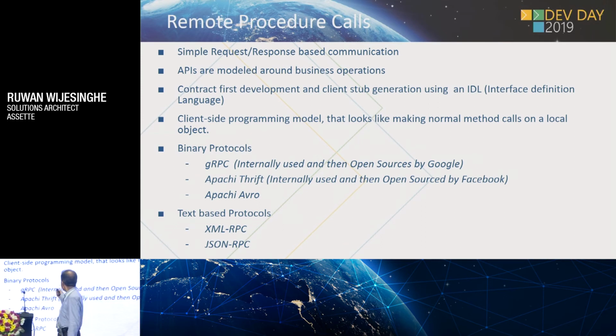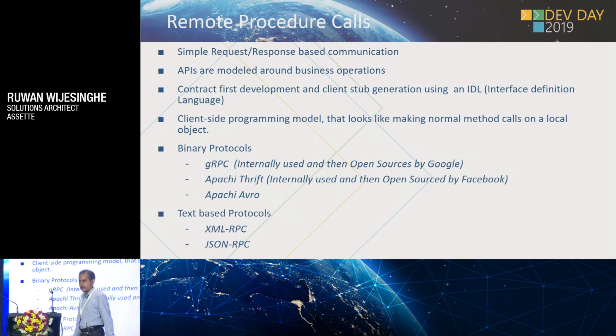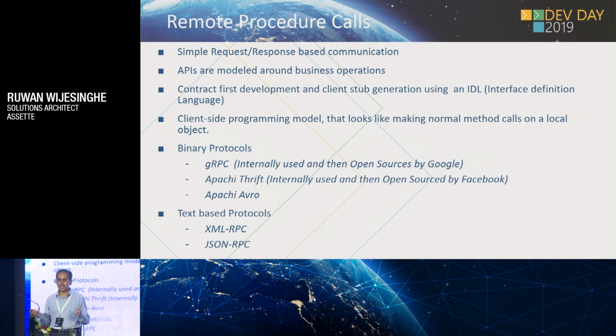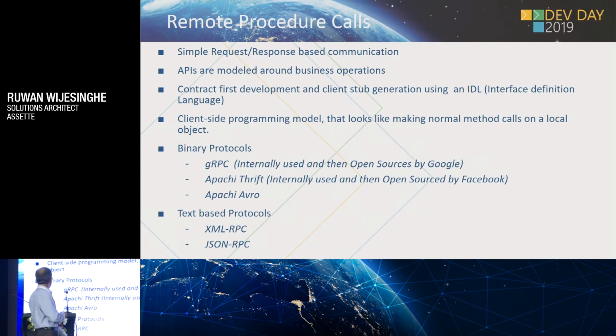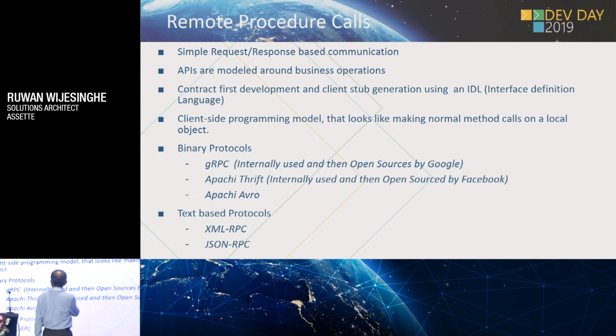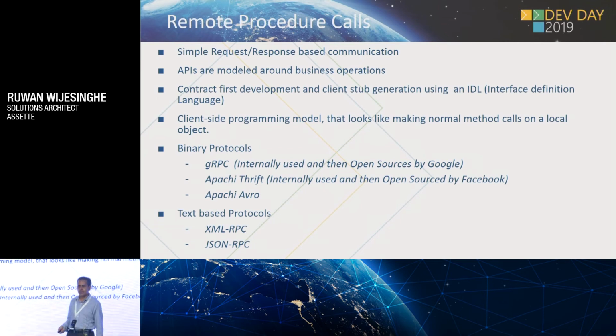gRPC is based on Google's protocol. It's actually protobuf over HTTP2, right? This is about the RPCs. In RPC, you have XML RPC, JSON RPC, and then you have the binary protocols like gRPC, Apache Thrift, Apache Avro. All of them are RPC protocols.